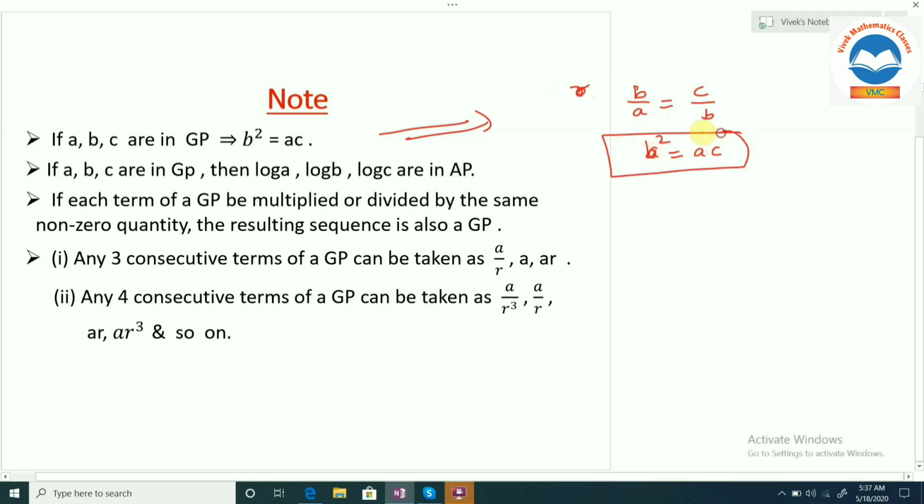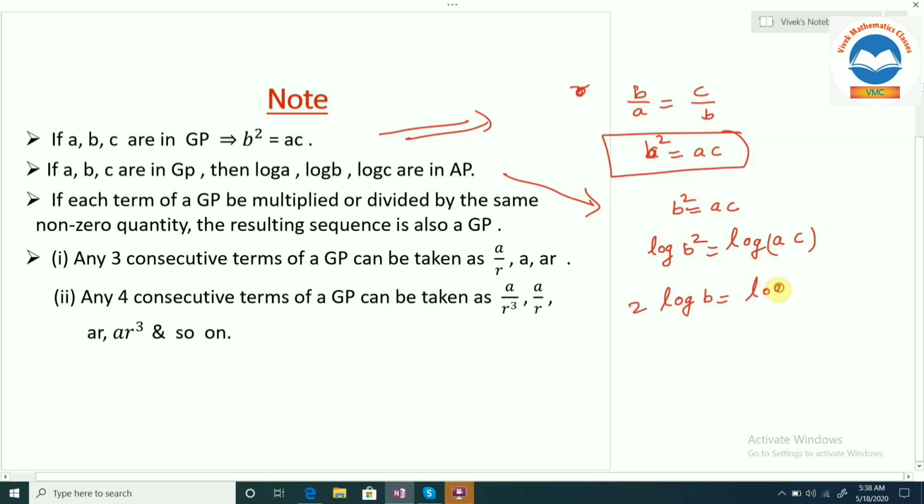What is the second point? If a, b, c are in GP, then log a, log b, log c will be in AP. Okay, we will check this. If a, b, c are in GP, then b square equals ac. Apply log both sides. Then log of b square will be equal to log of ac. So this 2 will come outside. 2 times log of b, and we know that log of m into n we can write as log m plus log n.